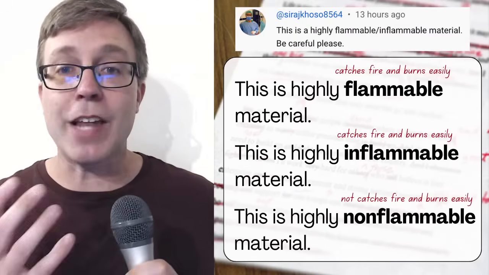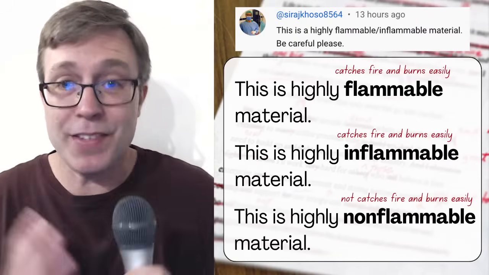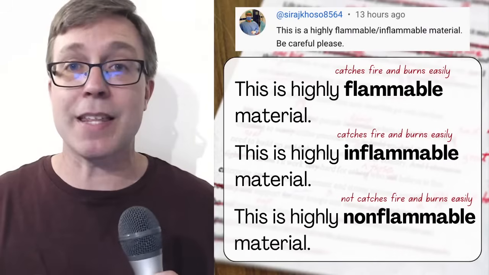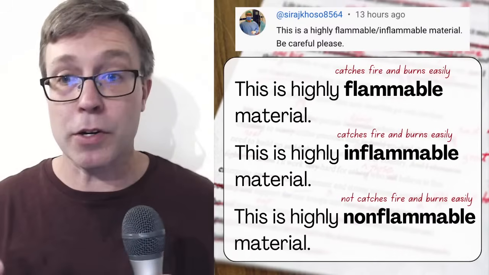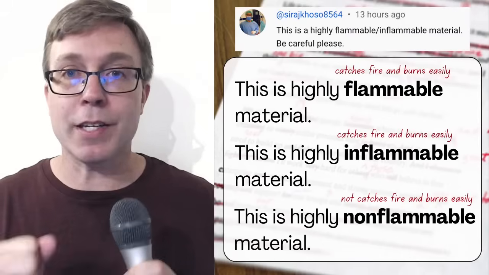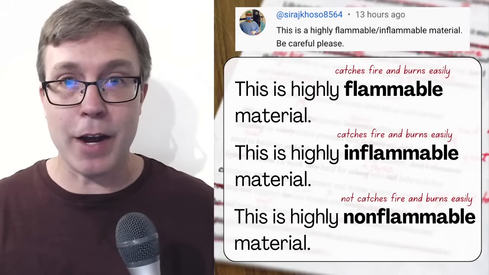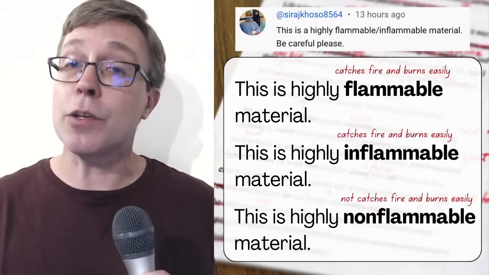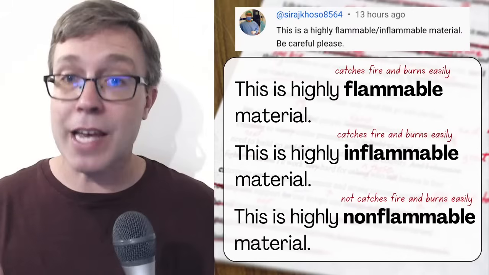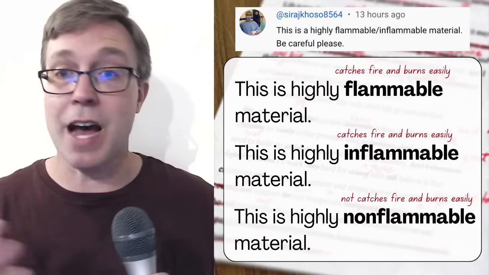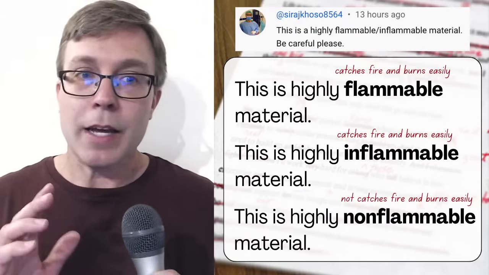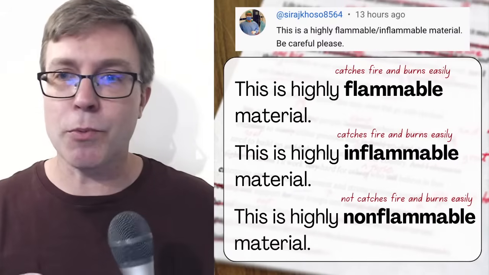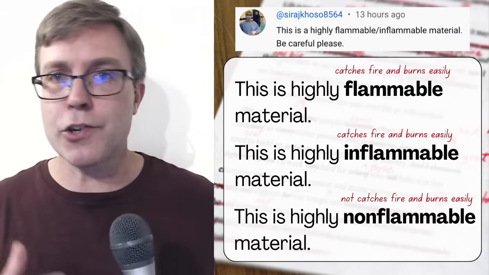Both flammable and inflammable have the same meaning. You're referring to something that catches fire and burns easily. If you want to say that it does not catch fire and burn easily, then you're going to use the prefix non, and you're saying something is non-flammable. It's non-flammable material.